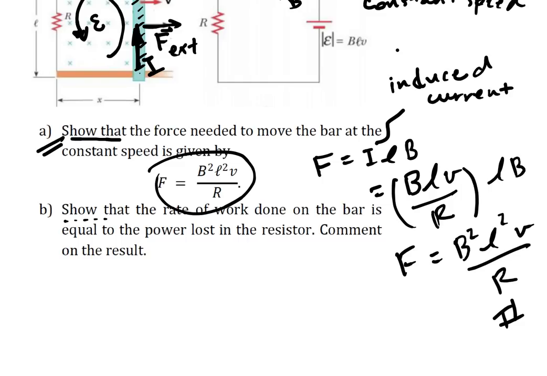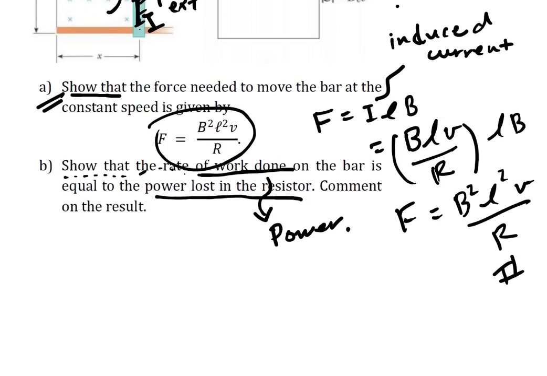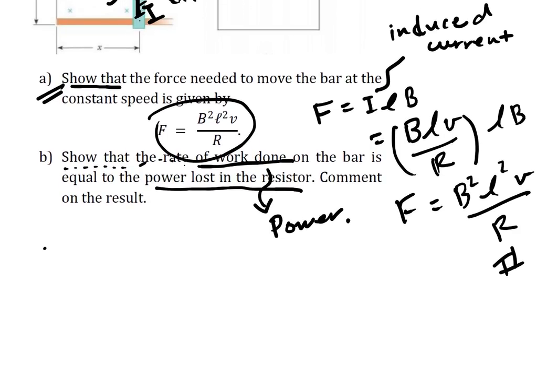And for part B, show that the rate of work done, here we mean the power, is equal to the power loss in the resistor. So on one side, we calculate the rate of work done.